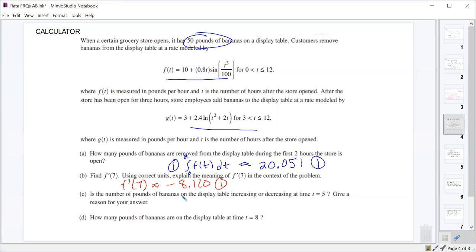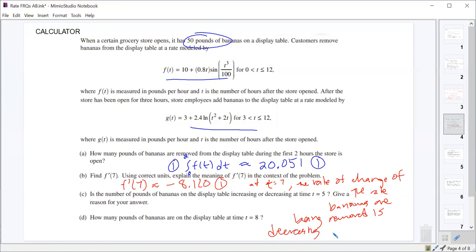So since this is a negative value, we would say that at t equals 7, or 7 hours after the store opens, the rate of change of the rate bananas are being removed is decreasing at negative 8.120, and this is pounds per hour per hour.